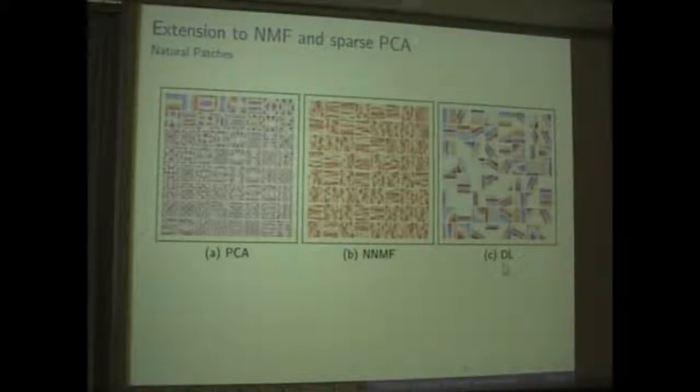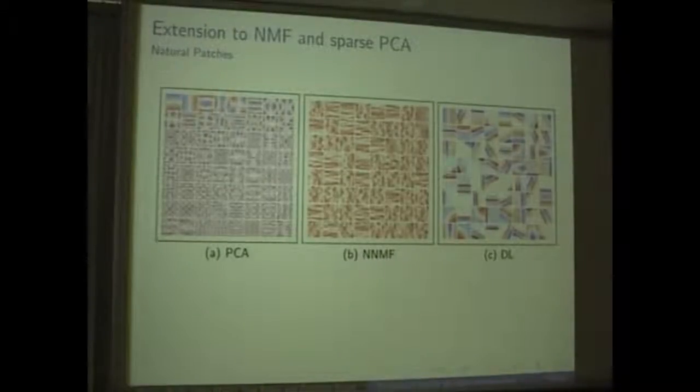The restriction was only in the coefficients. And yet the dictionary itself starts to look very different, as you see here. What this method does is try to decompose natural images into a collection of bars and line edges and step edges.